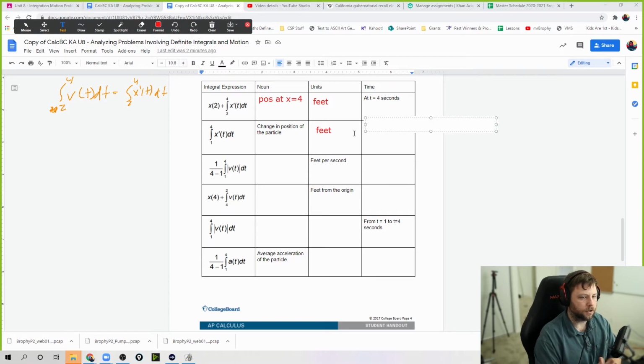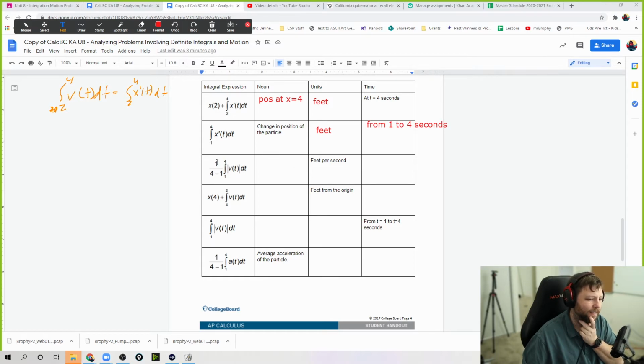When we're talking about a change in something, we want to know the interval it changed over. So I'm going to say from 1 to 4 seconds. Or from t equals 1 to 4, like they said below, that'd be fine.